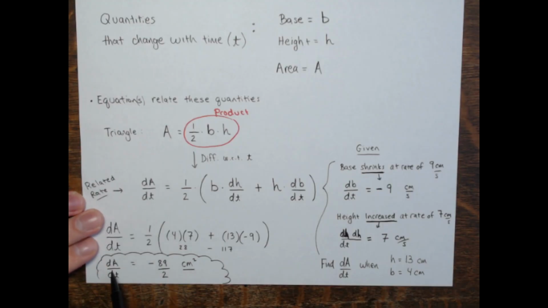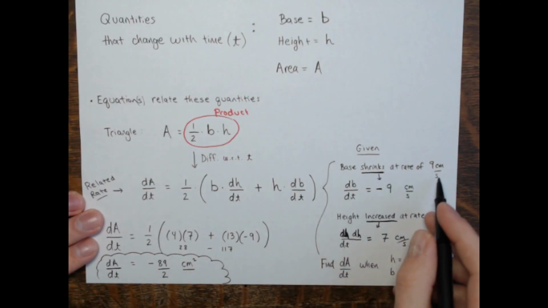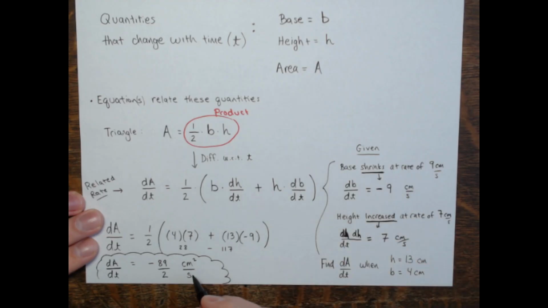Square centimeters over, and then time units down here, and all the time units given earlier were in seconds. So at the particular moment in question, the area is changing at a rate of negative 89 halves, or that would be negative 44 and a half square centimeters per second. And being negative means that the area would be shrinking at that moment.